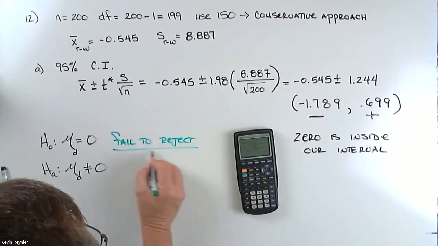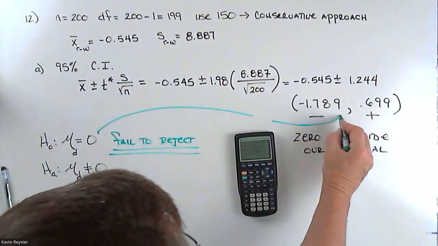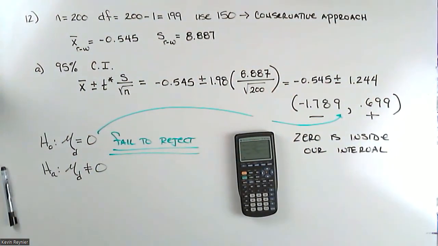Again, why would we fail to reject it? Because 0 is one of our possible answers. So the confidence interval and the hypothesis test support one another, right? They're not equivalent. No one's saying they're equivalent, but they support one another when it comes to their conclusions.